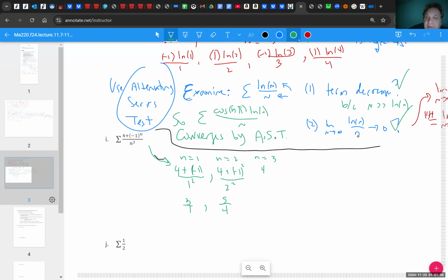We get 4 plus -1 cubed over 3 squared. -1 cubed is -1. 4 plus -1 is 3. And the bottom becomes 9. So even though it has a -1 to the n in there, it is not alternating between +1 and -1. It does not alternate. So you cannot use the alternating series test for this problem.